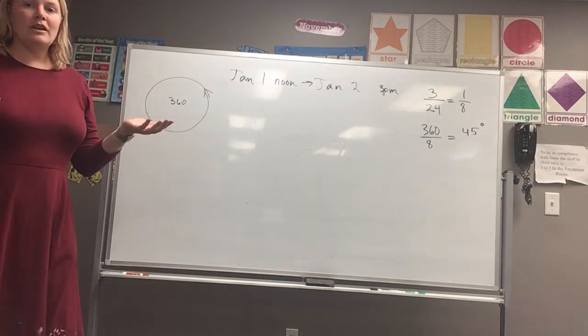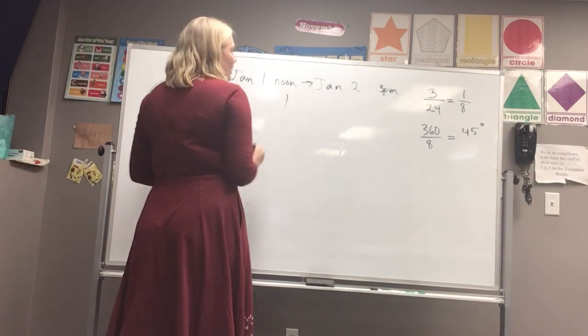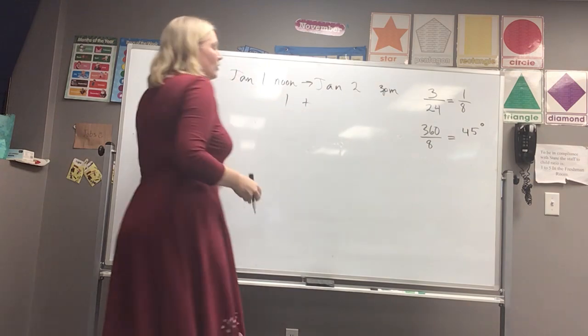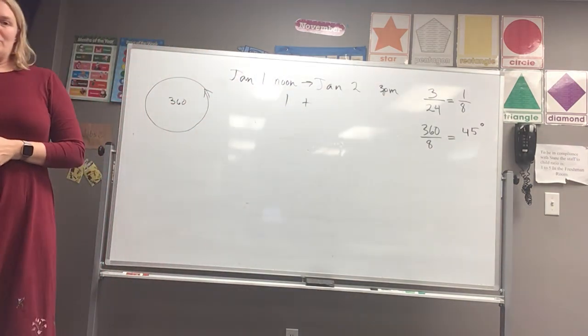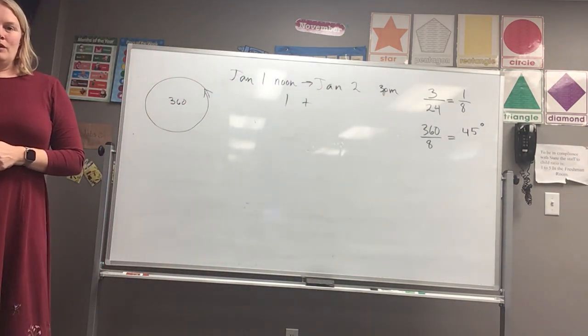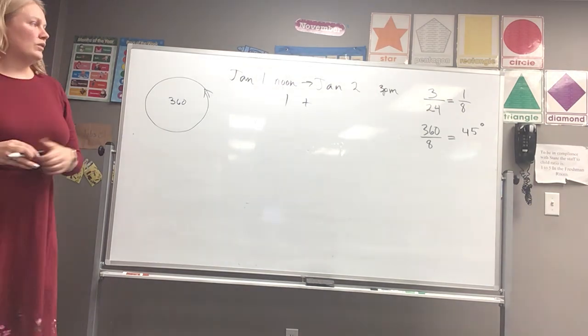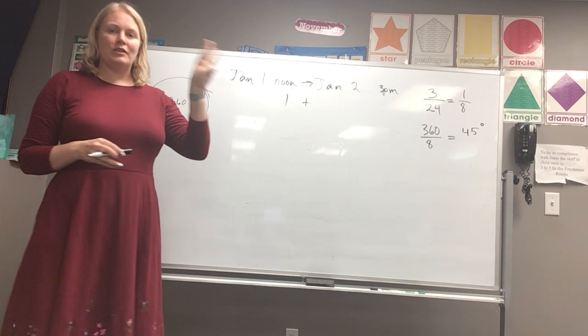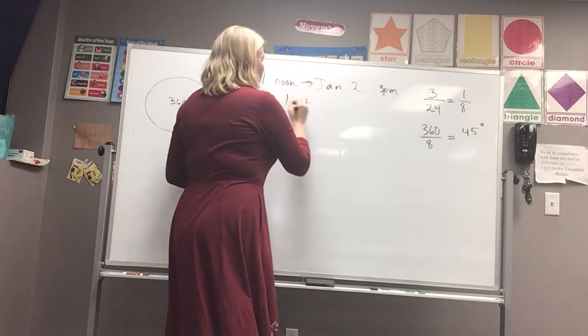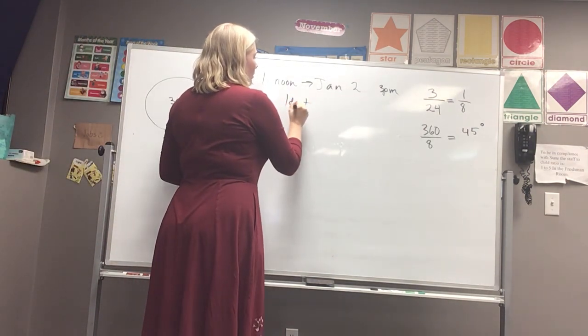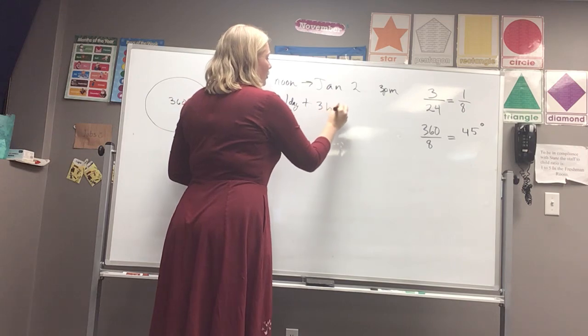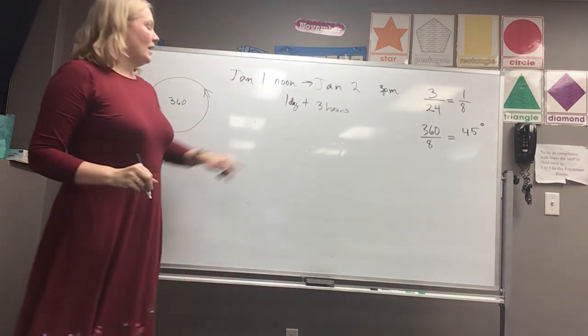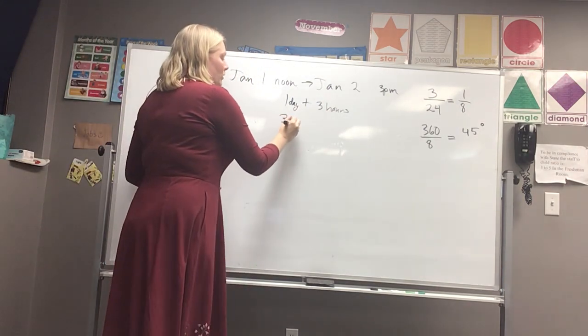So the first thing you need to be aware of is that this is 1 day plus how many hours? 3. We start at noon, we go to 1, it's 1 hour, get to 2, it's 2 hours, get to 3, it's 3 hours. So 1 day plus 3 hours. The 1 day, just keep as 360.